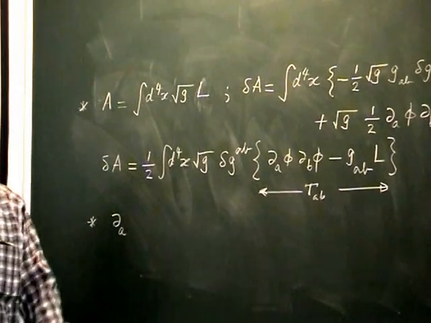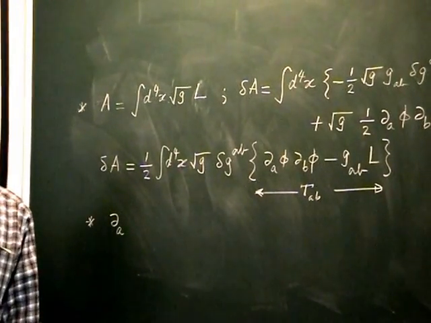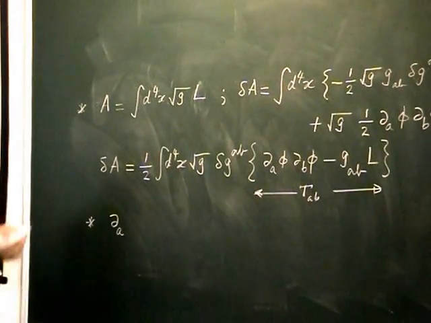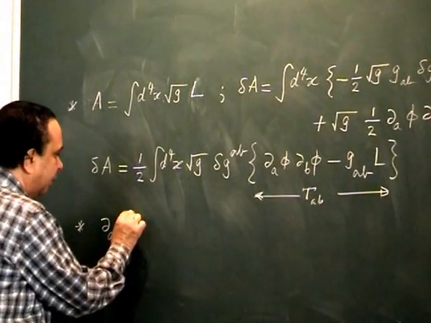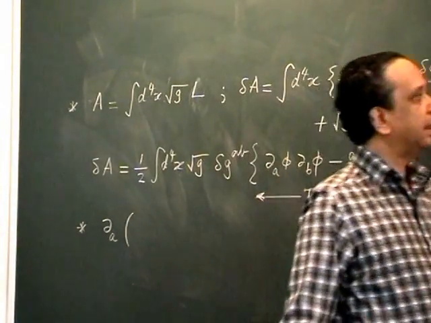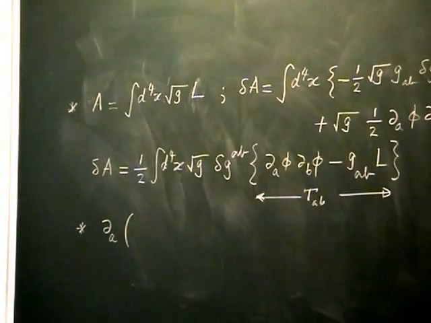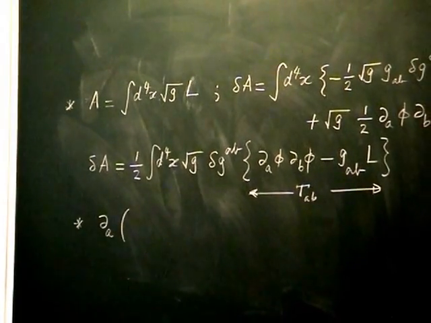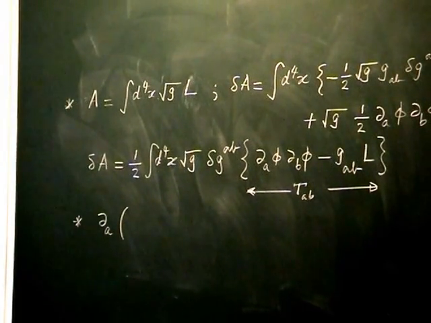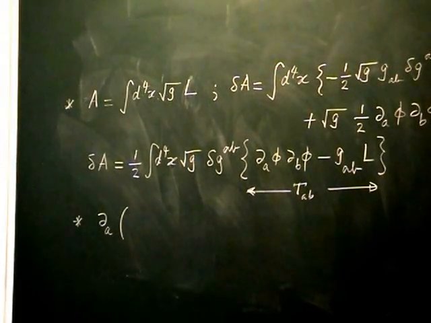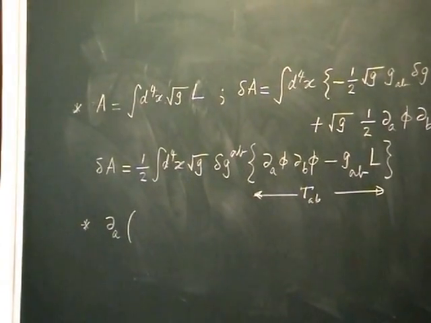So π^A will be the derivative of the Lagrangian with respect to the derivative of the field. So if you do that, you end up getting here. So you are going to take the derivative of that with respect to the field derivative. So there are two factors of this. One of the halves will go, g^AB will remain, and one of these quantities will go.